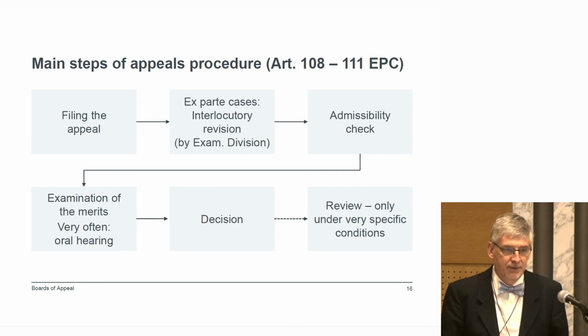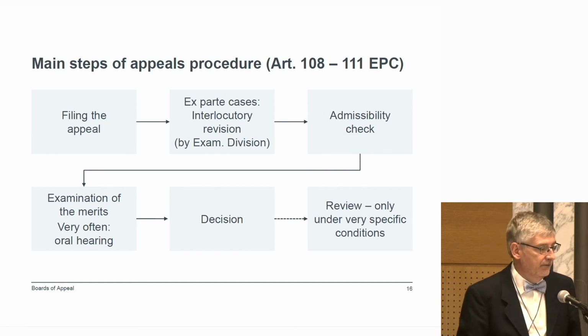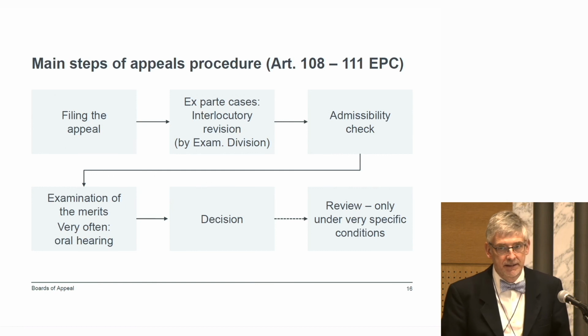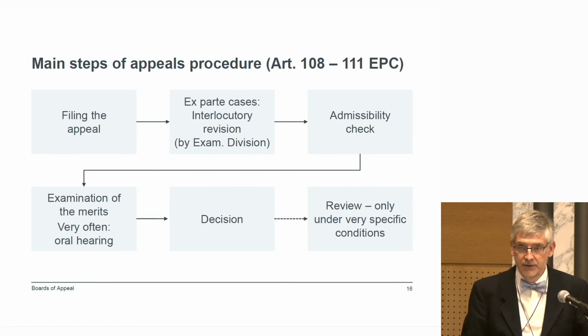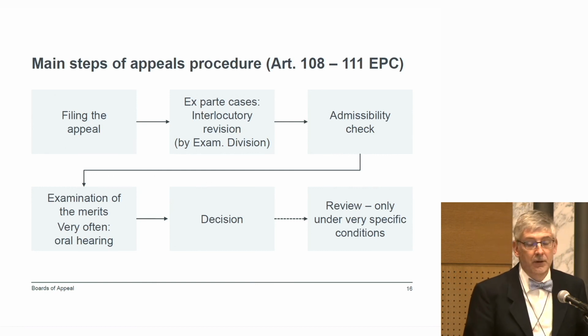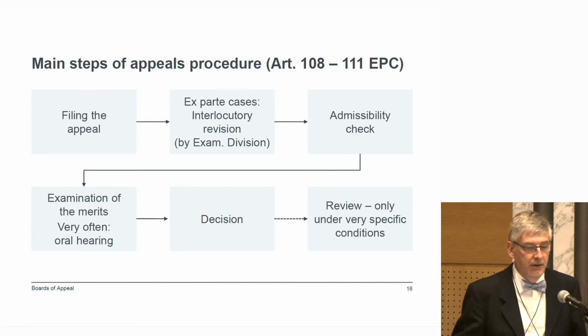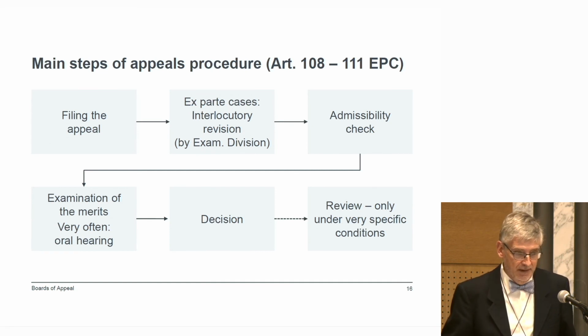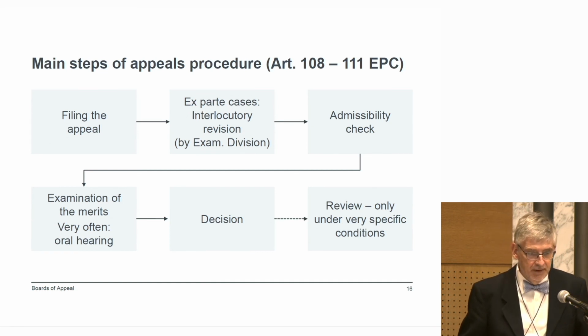This procedure starts with the filing of the appeal, for which there is a time limit of 2 months after the notification of the decision of the examining division, opposition division, or of the legal division.